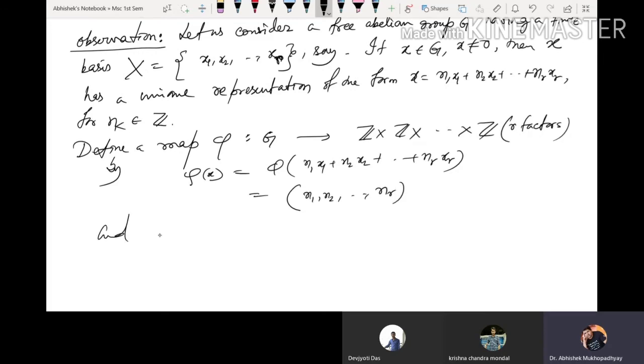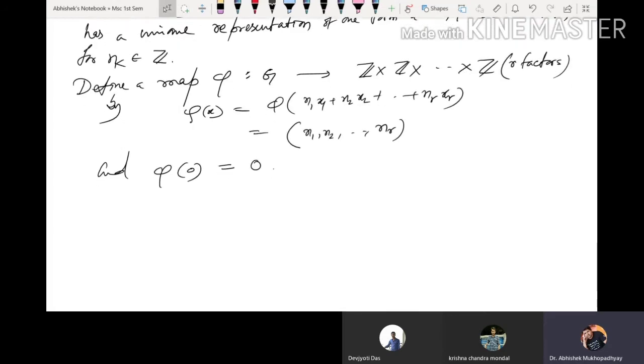And of course, phi of 0 will be 0. Now let us check whether this phi is a homomorphism or not.